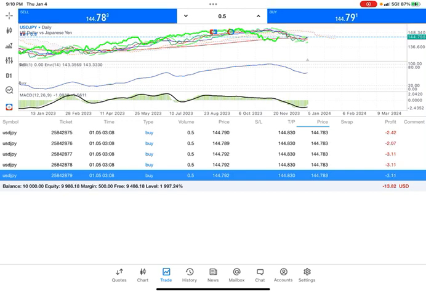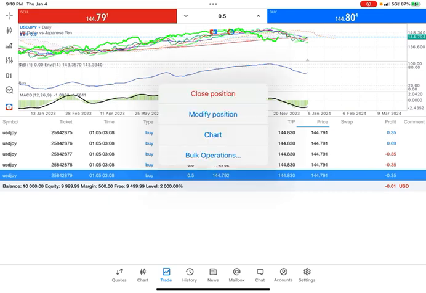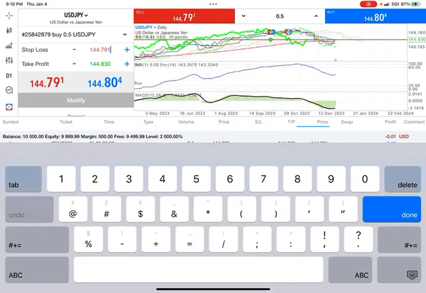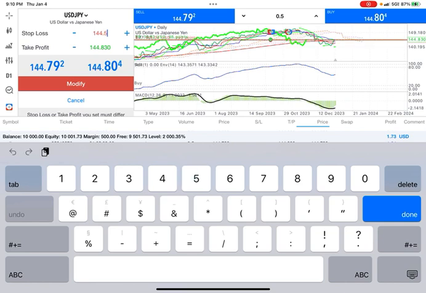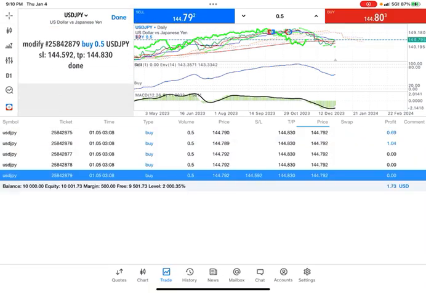So 144.792 is the starting price. Minus 200 is 144.592. Okay, TP, 144.592. All right.